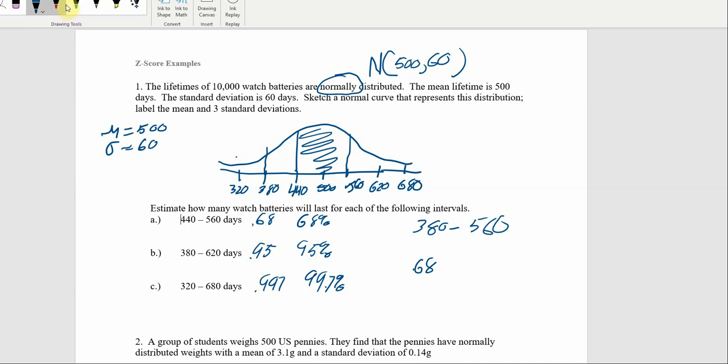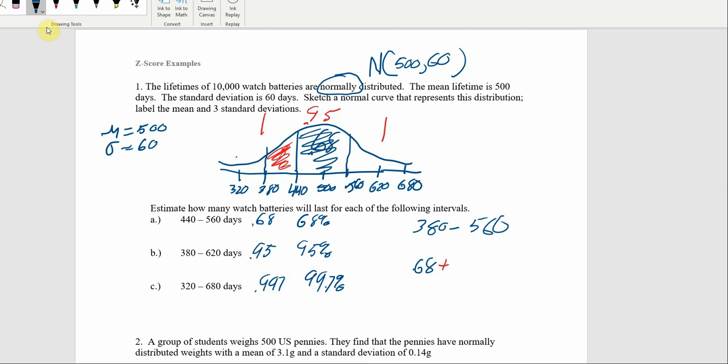0.68. And then we're going to have to find this area in here and add it to that. Well, how big is this area in here? I know from here to here is 95% or 0.95. And I know that in the middle here, that's going to be our 0.68.